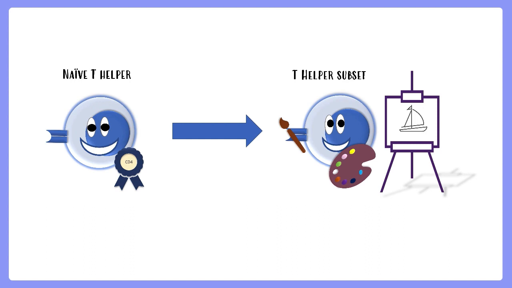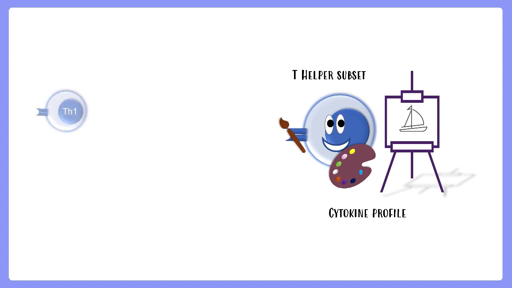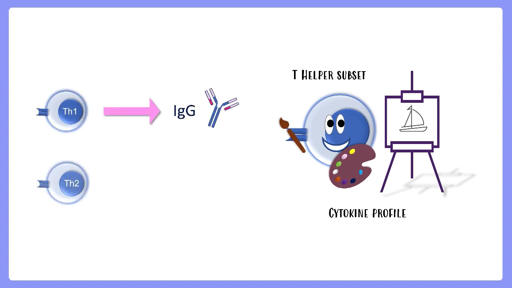And as we saw in episode 2, T helper subsets are defined by the cytokines they produce. And the cytokines they produce will help the B cell to know which antibody class they should be generating. So for example, Th1 cytokines promote IgG antibodies, whilst Th2 cytokines promote IgE or IgA antibodies.